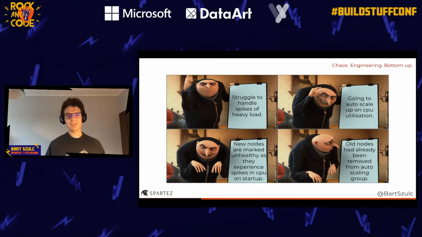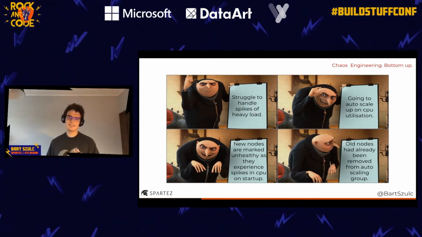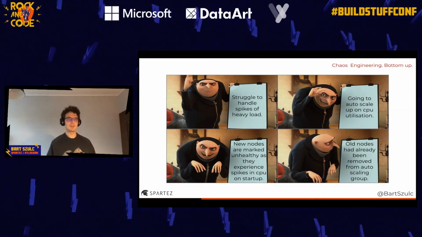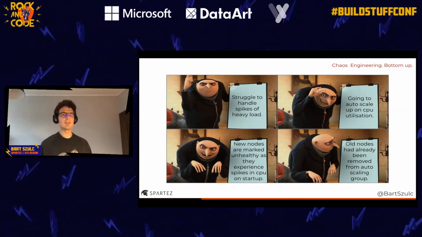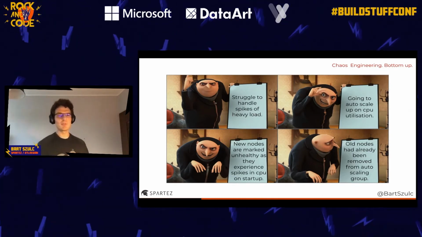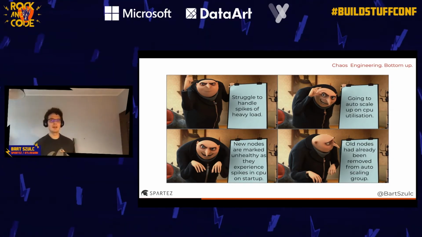Meanwhile, the same orchestration mechanism decided to kill existing nodes because new nodes were already being spun up, so we could basically recycle. So we ended up with a solution that performed even worse with autoscaling than if we didn't have autoscaling set up this way.